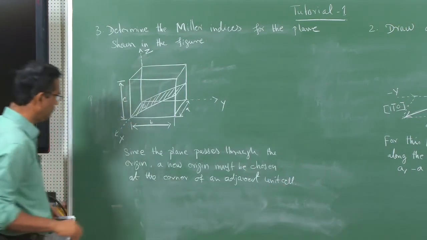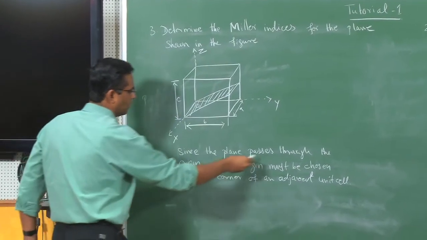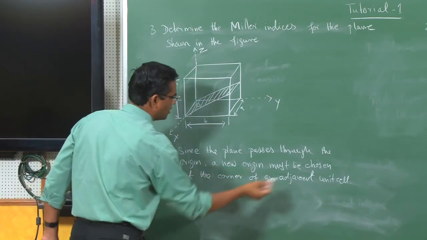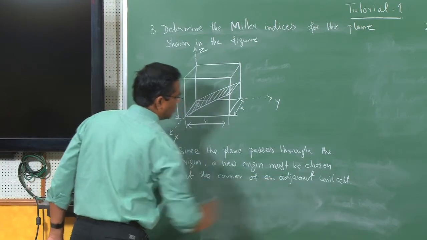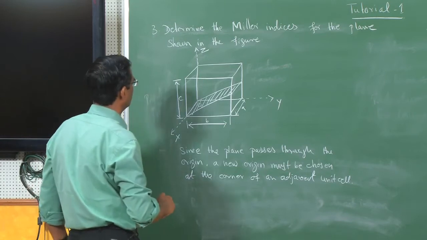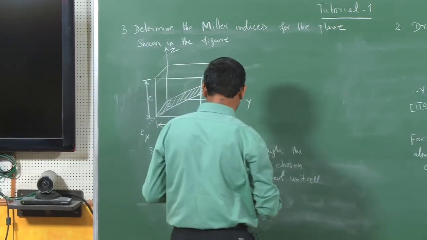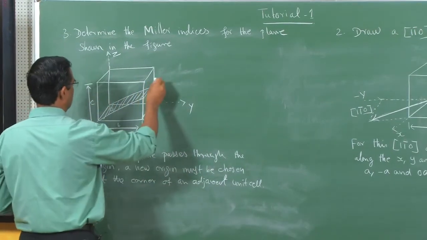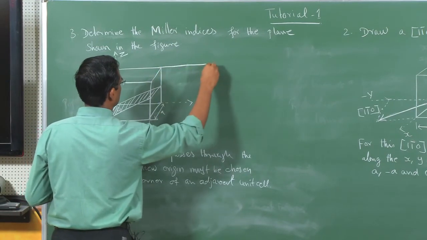Since the plane is passing through the origin, that is O here, a new origin must be chosen at the corner of an adjacent unit cell. So, we will do that. In fact, we can draw a simple diagram again. Let me put it in the same diagram, so let me extend this.